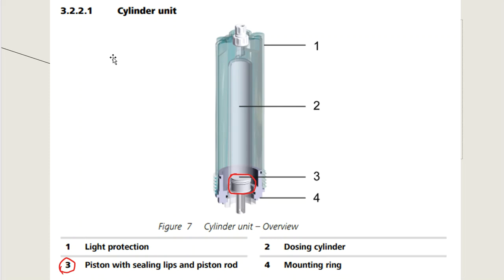All right, so the sealing lips and the piston can get worn out over time, as you can imagine. And what will go on is that it might not actually create a pressure system that can deliver titrant, or the sides of the walls here can get damaged and it can begin to leak and not perform the proper way.